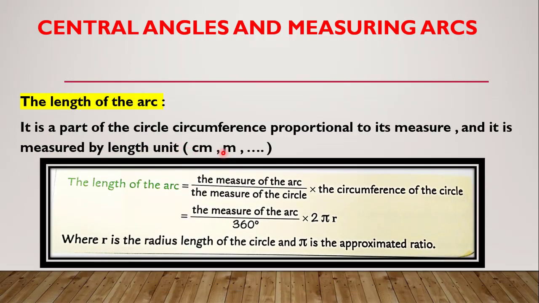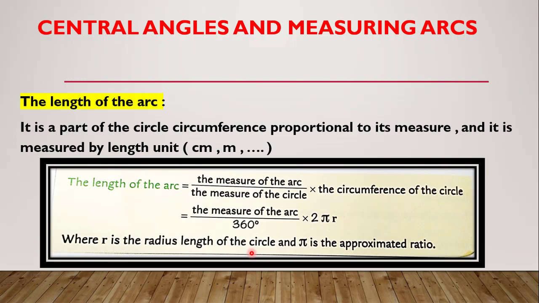So how can I calculate the length of any arc? The length of the arc will be the measure of the arc with respect to the measure of the circle, then I'll multiply it by the circumference of the circle. So it will be the measure of the arc over 360 degrees multiplied by 2 pi r, where r is the radius of the circle.